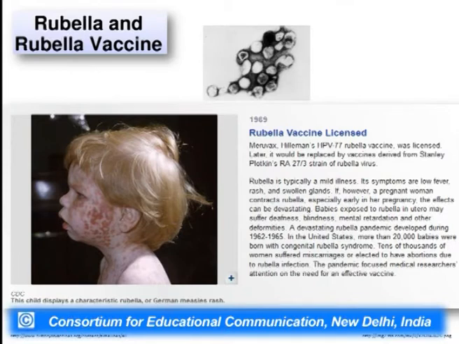In the United States, more than 20,000 babies were born with congenital rubella syndrome. Tens of thousands of women suffered miscarriages or elected to have abortions due to rubella infections. The pandemic focused medical researchers' attention on the need for a very effective vaccine, which later came.